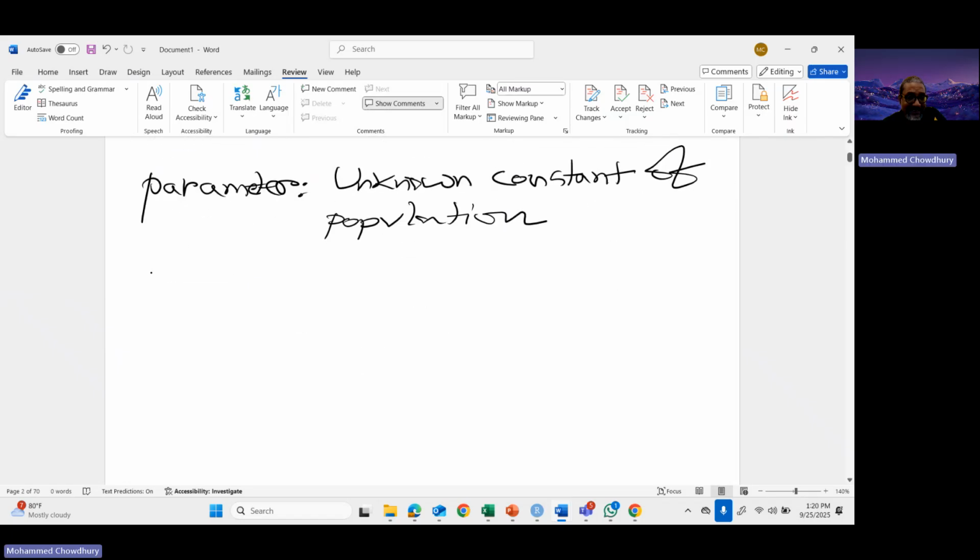Now what is statistic? Not ticks. Statistic. Statistics: any function of sample observation.